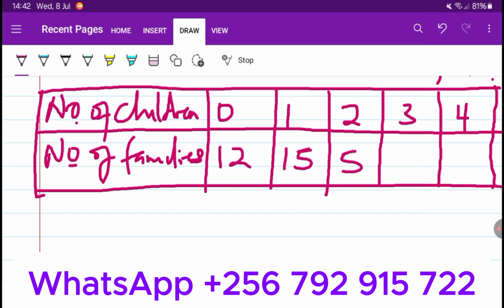Here there are 5, here there are 2, and this one there are 1. So this last one means that there is only one family where four children go to school.